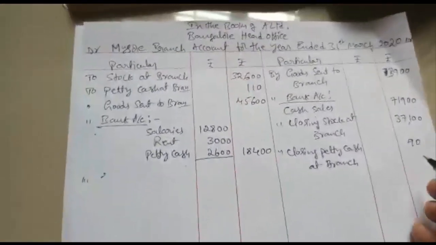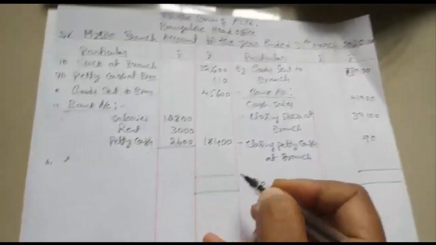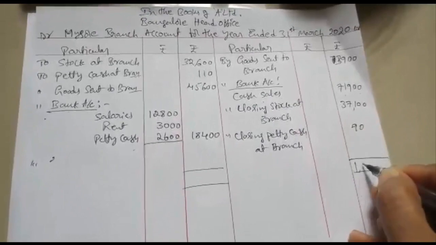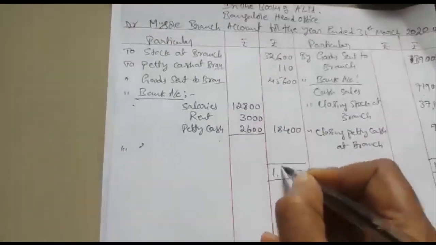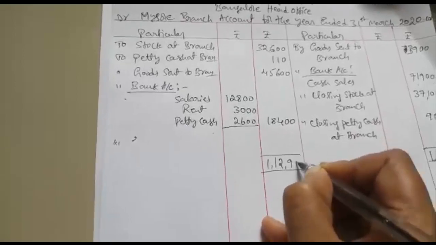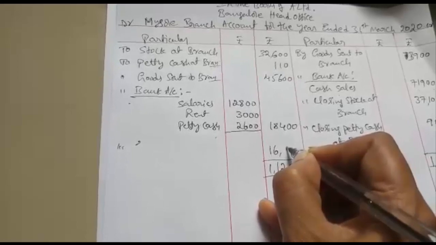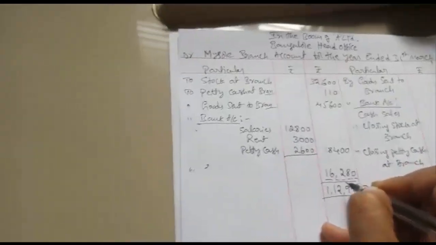Next, I am closing the account. The total will come to 1,12,990 rupees. Here also I mention 1,12,990 rupees. The balancing figure will come on the debit side, that is 16,280.